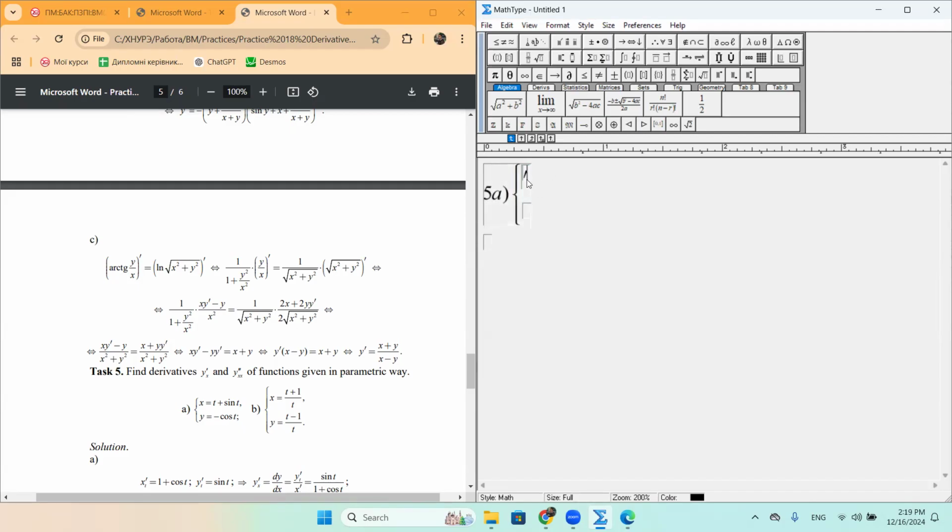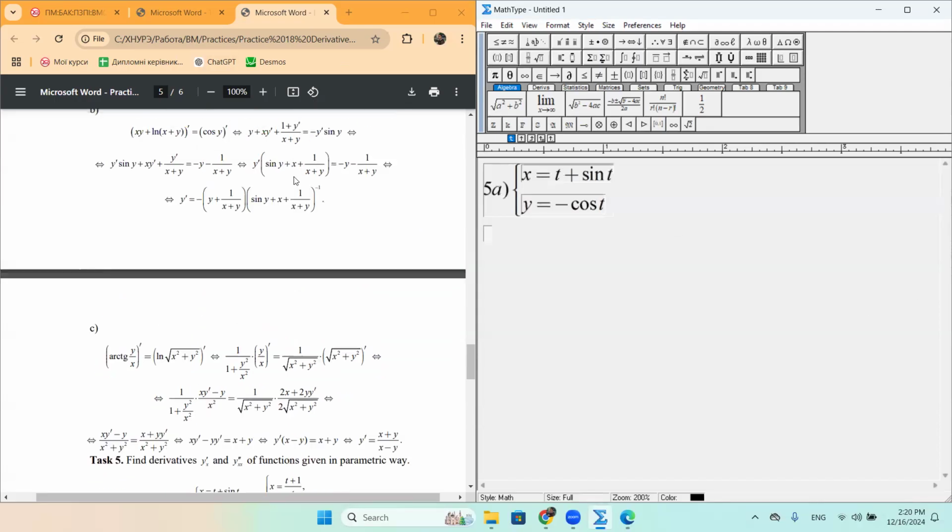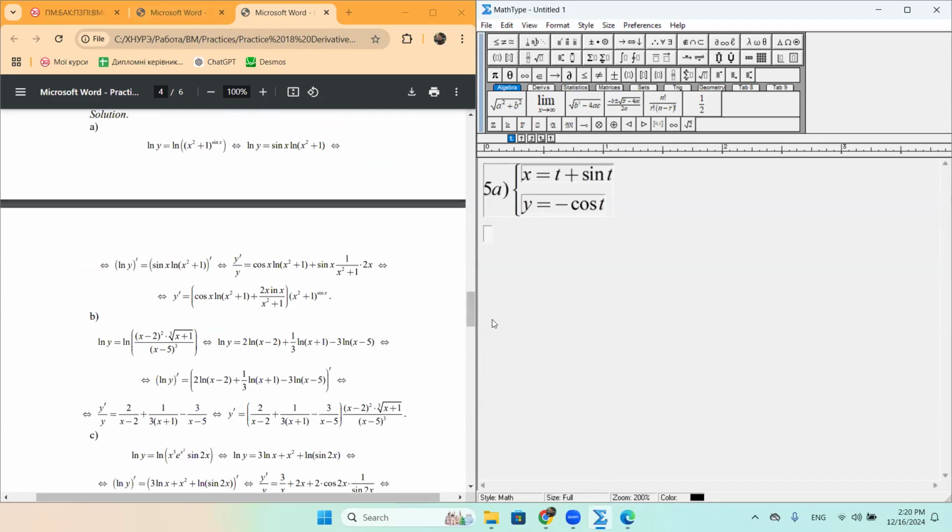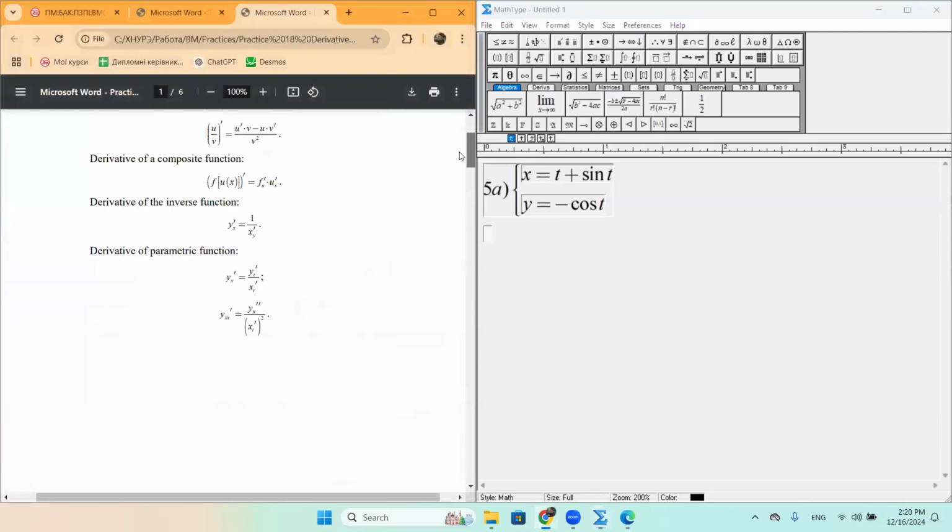So a parametric function is given in the next way: x equals t plus sine of t, and y equals minus cosine of t. So this is basically a function. So y is a function that depends on x. And let me remind you of the formula of the derivative of the parametric function.